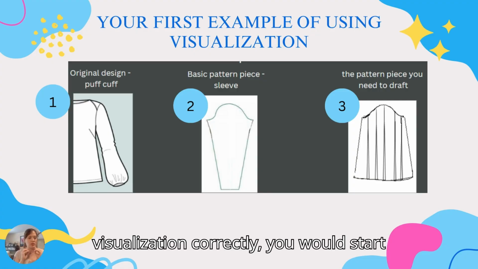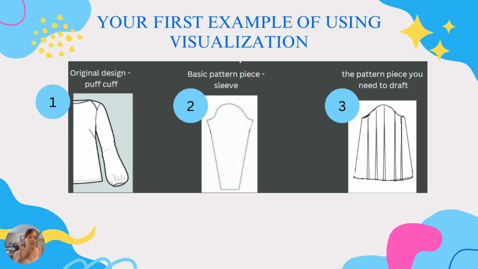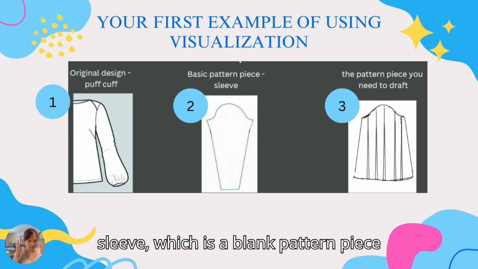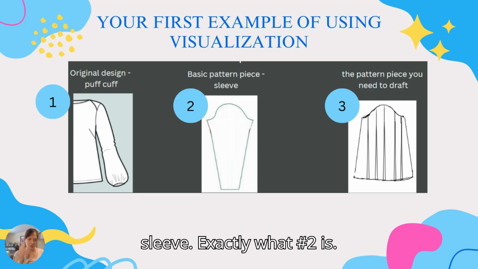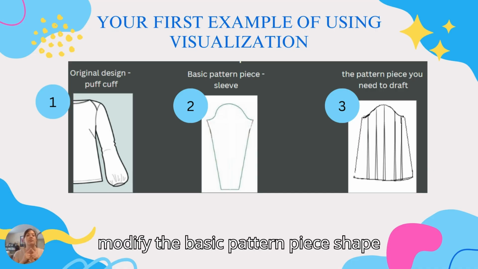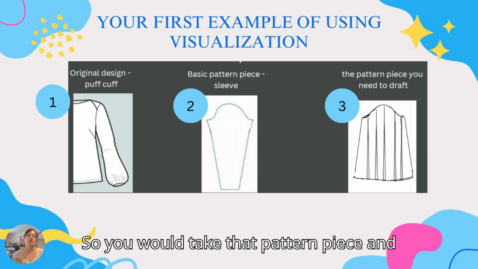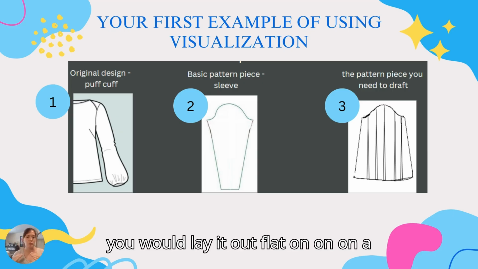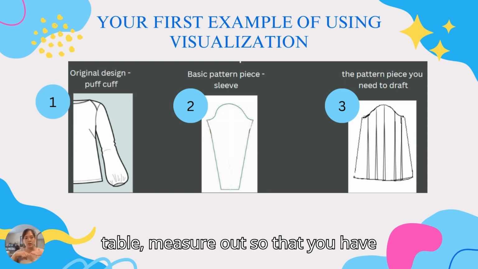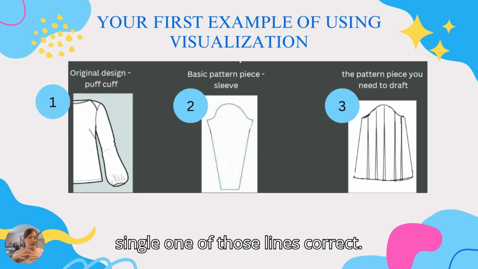to use visualization correctly, you would start with the basic pattern piece sleeve, which is a blank pattern piece sleeve, exactly what number 2 is. And then you need to figure out how to modify the basic pattern piece shape in order to make that three-dimensional object. So you would take that pattern piece and you would lay it out flat on a table, measure out so that you have correct increments in order to get every single one of those lines correct.